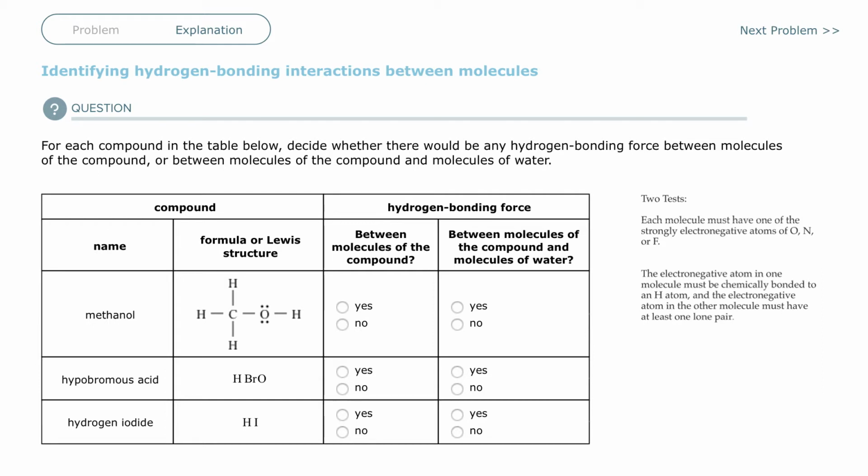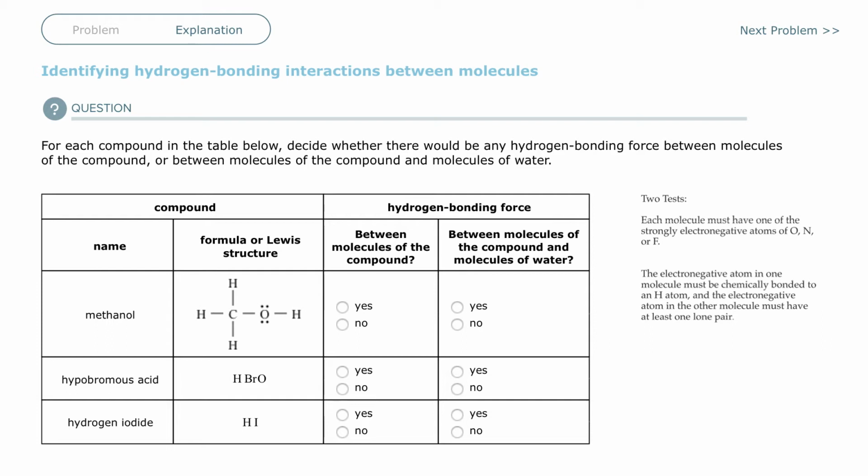where it'll hold together things that could be easily broken by an enzyme. So there are two tests that you're going to need to pass in order to know that there's a hydrogen bond. The first test: each molecule must have one of the strongly electronegative atoms of oxygen, nitrogen, or fluorine.